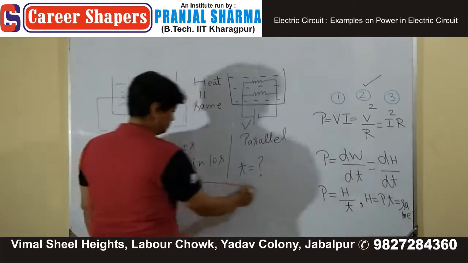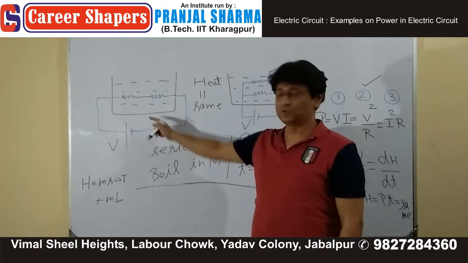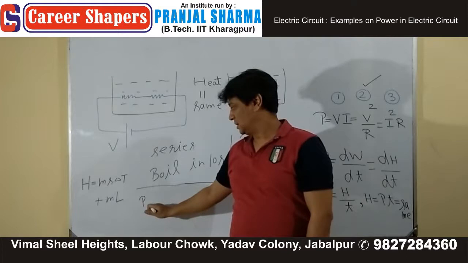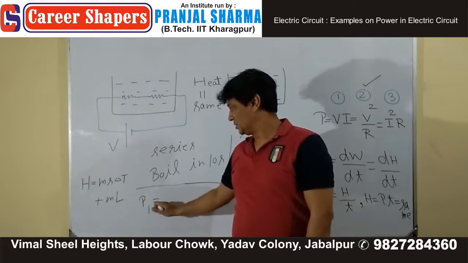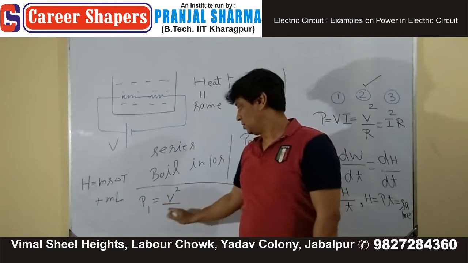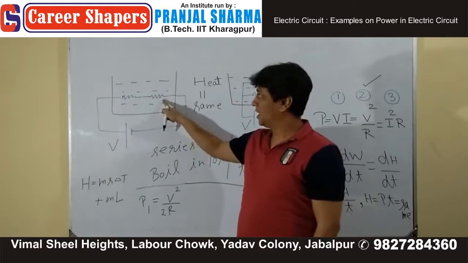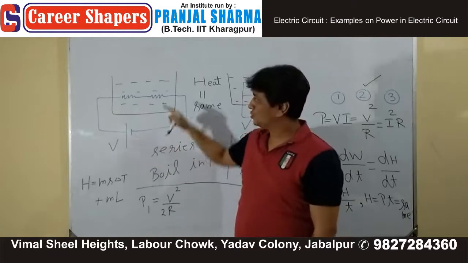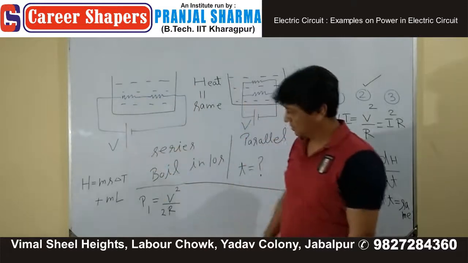Which means for the series one, power. I hope you can understand this. Let's call it P1, V square upon 2R. R and R in series is 2R, voltage is what? V. So the power which is coming out, the heat which is being generated is this.